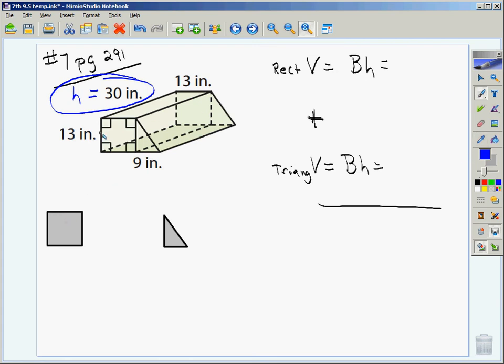I'm going to put the dimensions that they gave me in my picture. How do I find the area of my square? Multiply 13 by 13, which is 169.